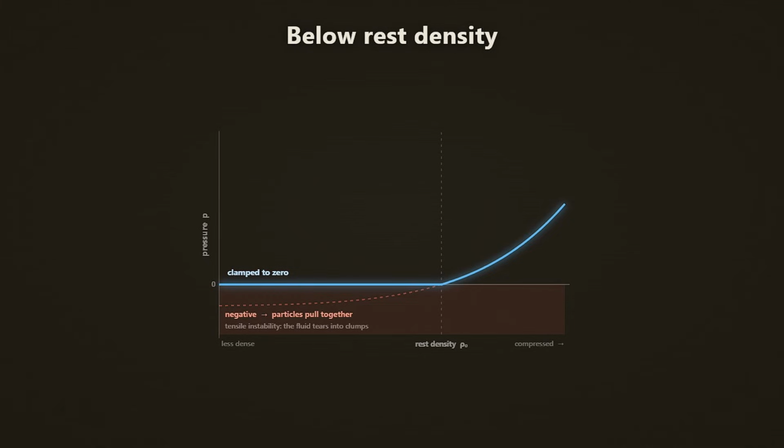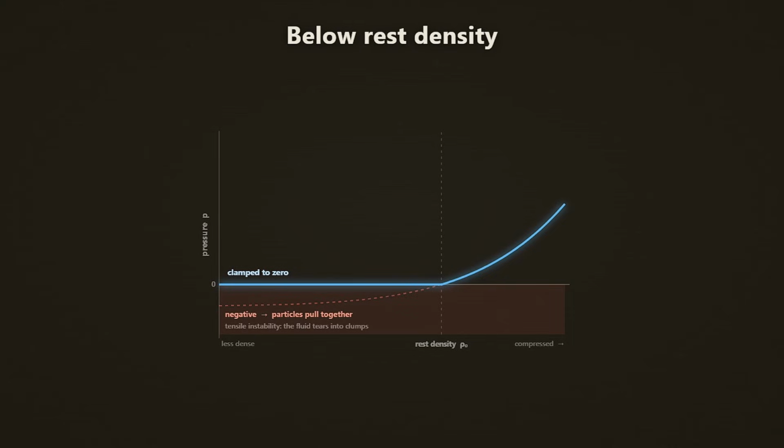And the space around it becomes emptier, so those neighbors pull as well, and the fluid separates into clumps with large gaps between them, and this is also kind of a tensile instability. You will hear this here and there. The fix is really simple. A negative pressure, we will just set it to 0, and that's it.